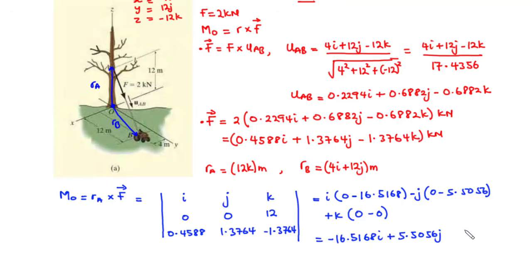We can choose to leave out the 0k, and so in actual sense we can further simplify this as negative 16.5i plus 5.51j, and notice that this is in kilonewton meters.